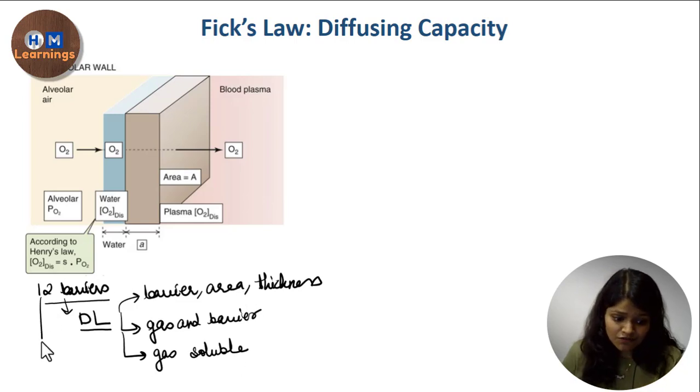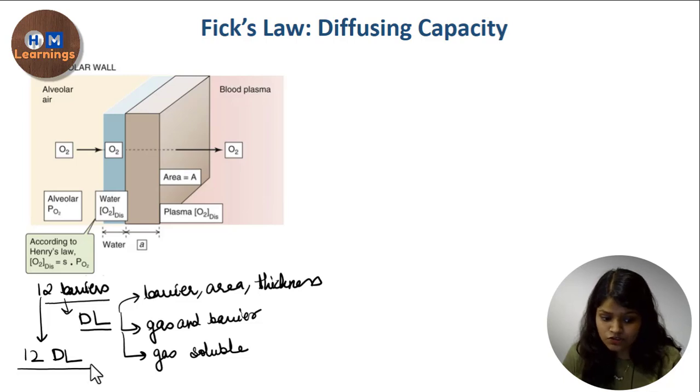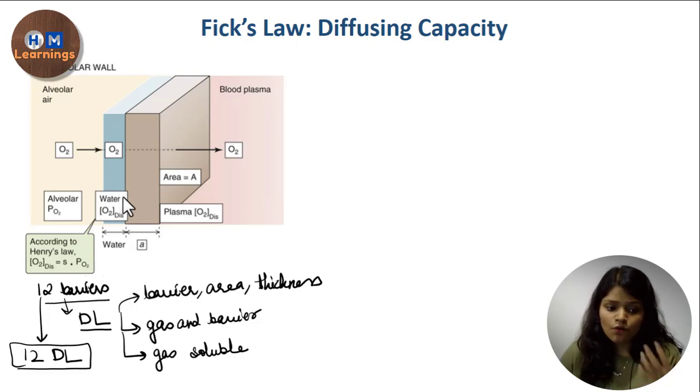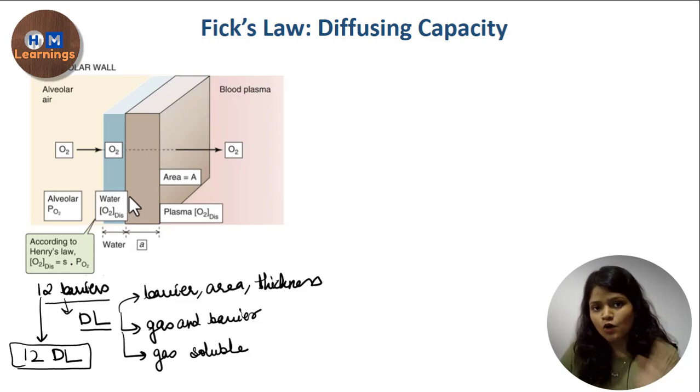So for 12 different barriers, you have 12 different diffusing capacities which need to be put in the formula for knowing how much volume of oxygen has diffused across these 12 barriers per unit time, from the alveoli to the blood plasma or to the hemoglobin.